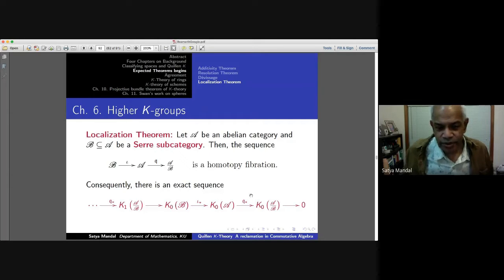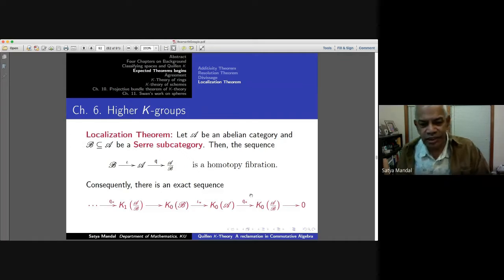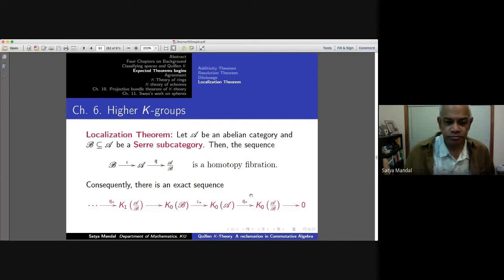By that I mean the sequence of classifying spaces is a homotopy fibration, which means, you may have forgotten the definition I gave, you can write down a long exact sequence of the homotopy groups, and hence you get a long exact sequence of the K groups.